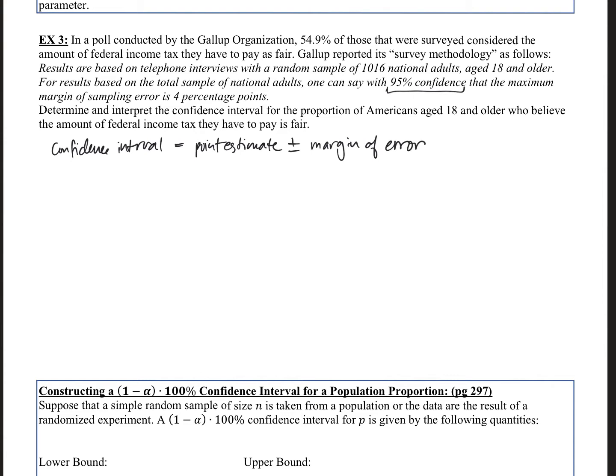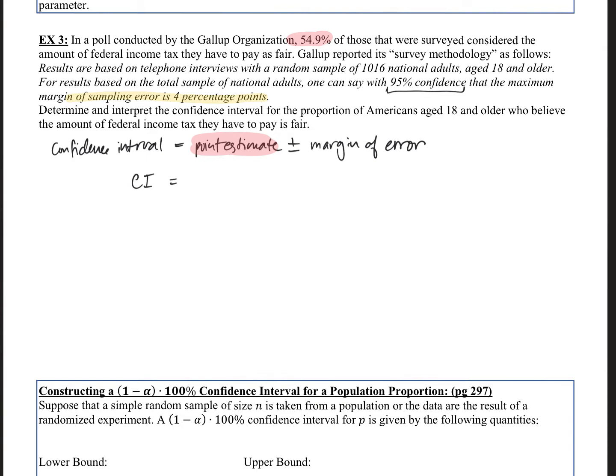So if we want to find the confidence interval, which I'll abbreviate as CI, we need our point estimate. And what is our point estimate? That was the value we had right over here, the 54.9%. And then what is the margin of error? Well, it tells us the margin of sampling error is 4 percentage points.